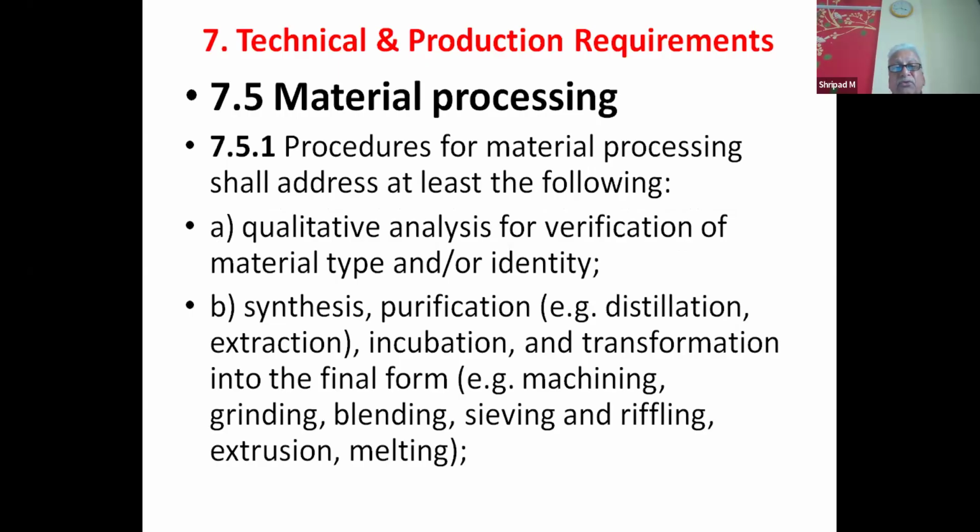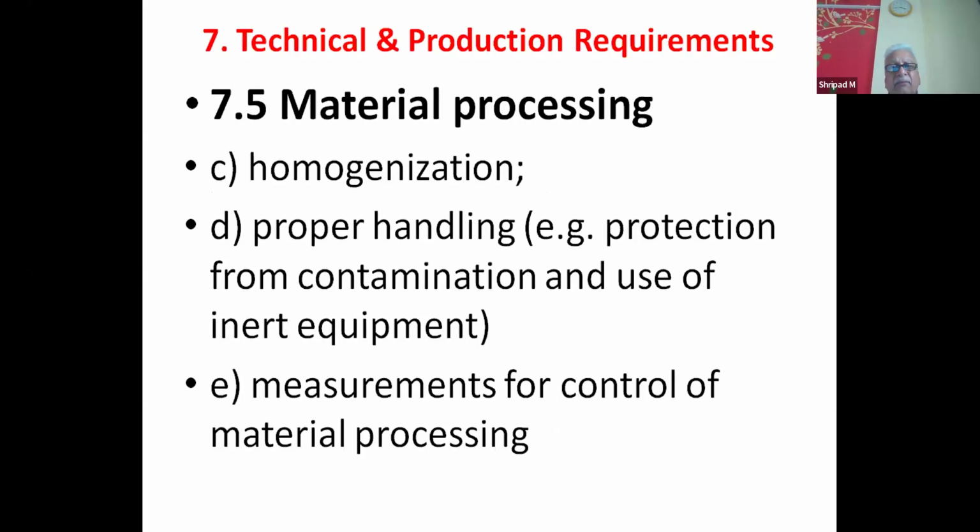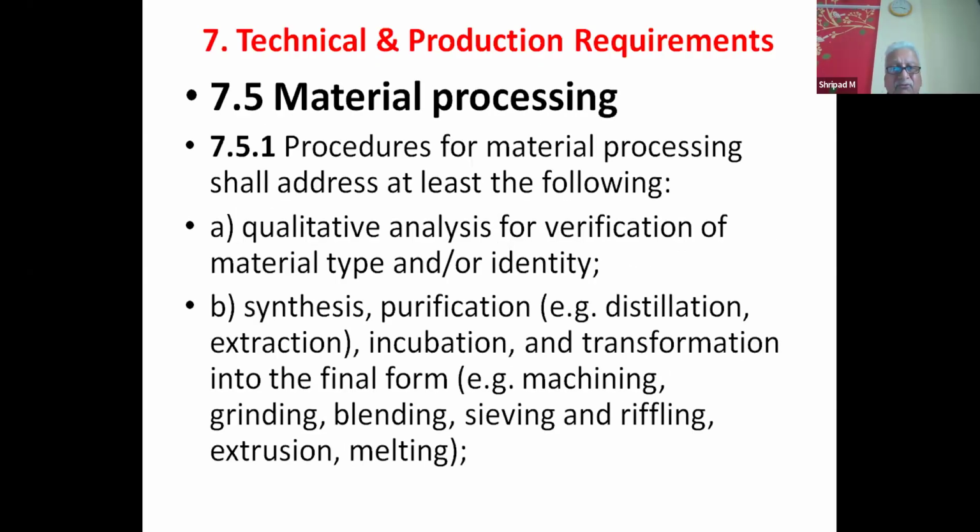Then material processing. So procedures for the material processing. There are n number of processes. So you need to identify by using which method, which processing method you will go for the purification and production of your reference material. Then these are the step-wise purification, synthesis, purification, whatever the incubation or transformation, what are the processes involved.